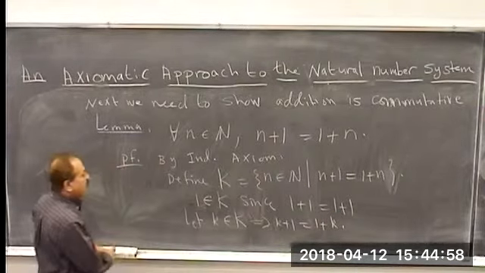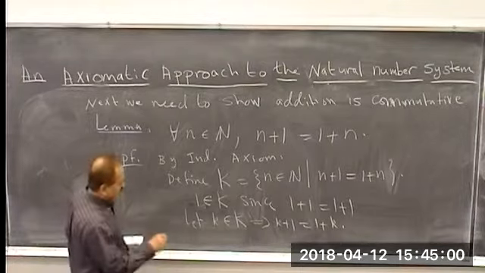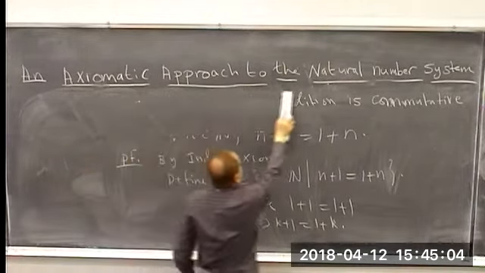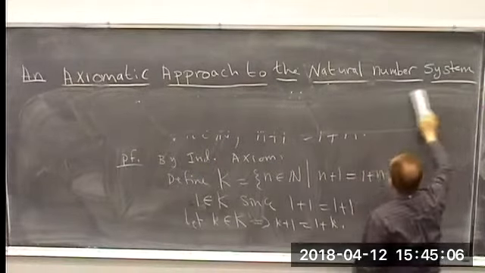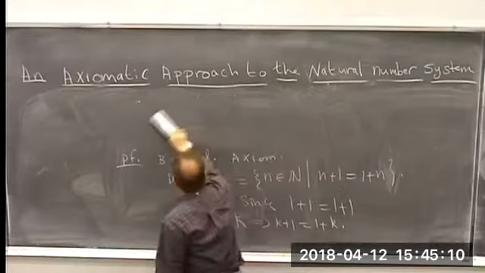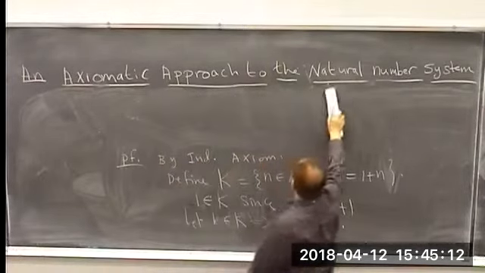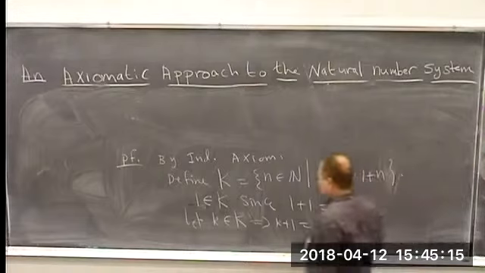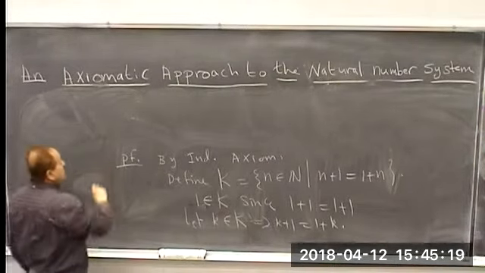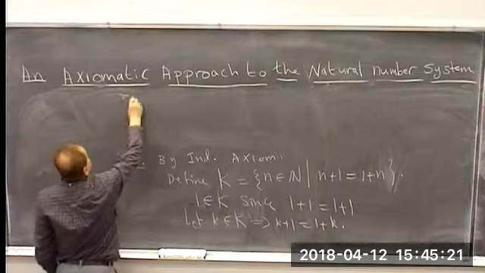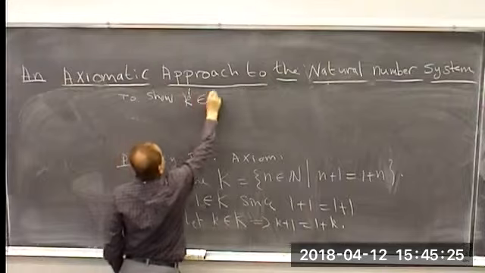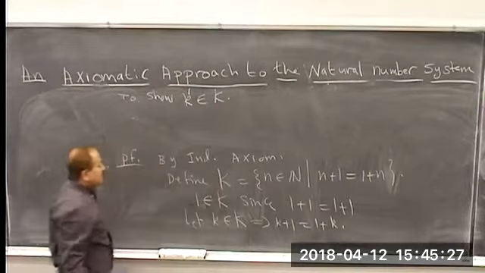I need to show that the successor of k is also in K. All right? Now, once I do this, then the induction axiom implies the statement is true, basically, for every natural number. Okay? So to show k prime is in K. Well, let's see, what does this mean?